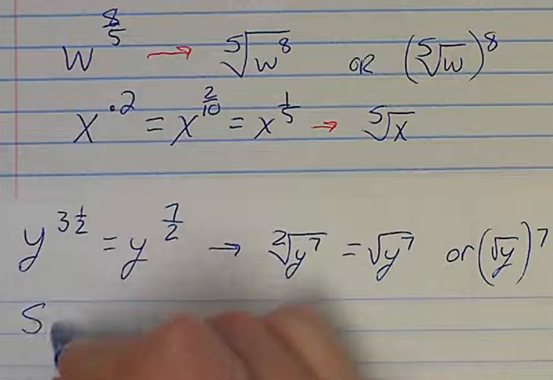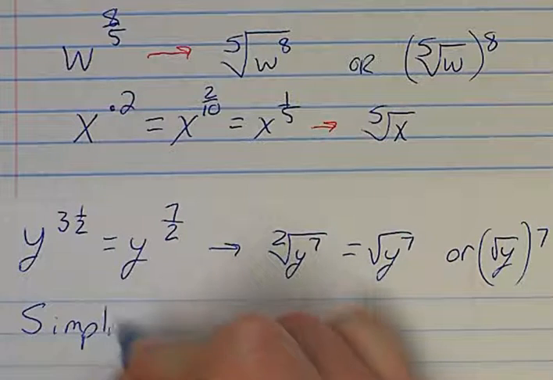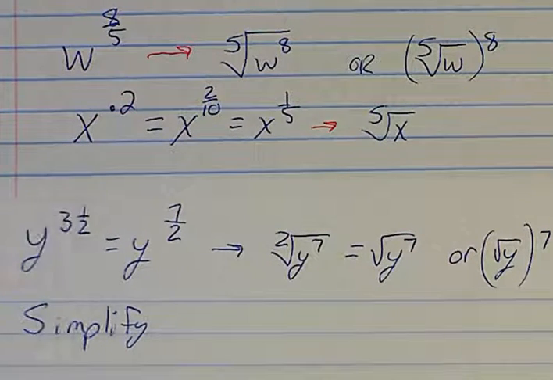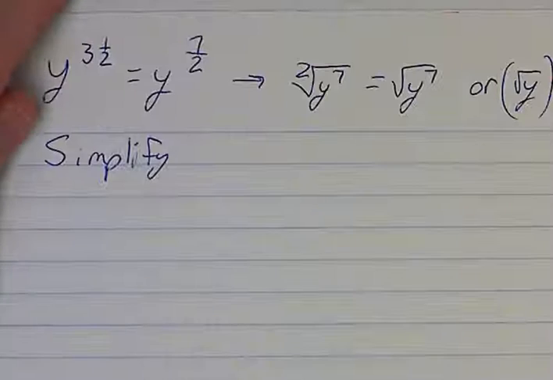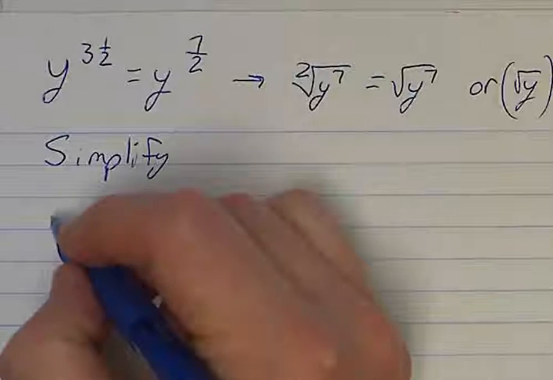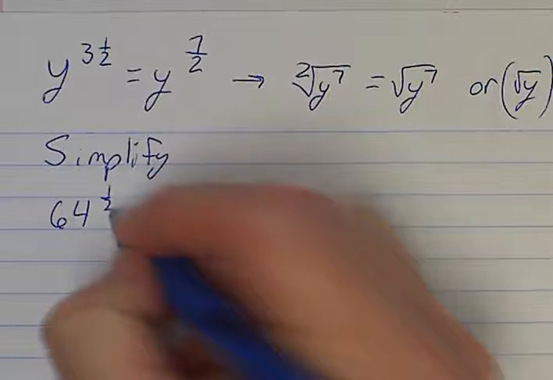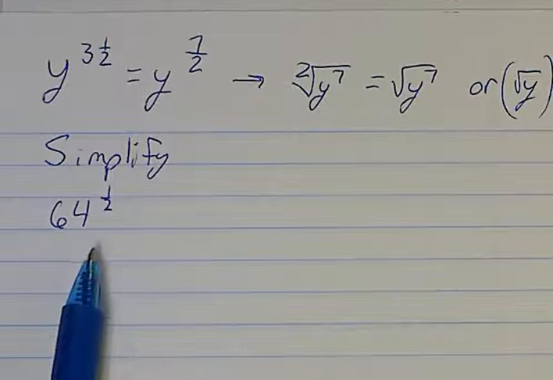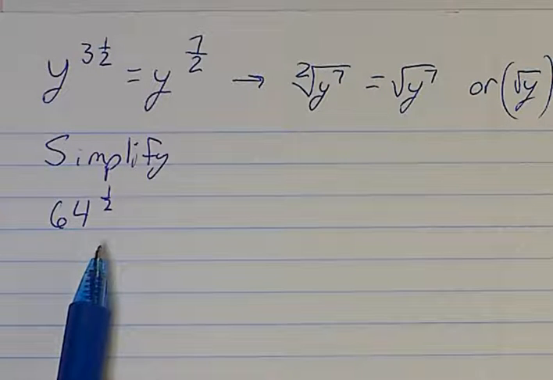Here's one where they're going to ask you now to simplify. And if you have one like this, we're not used to seeing the fraction exponents, because that throws us off.